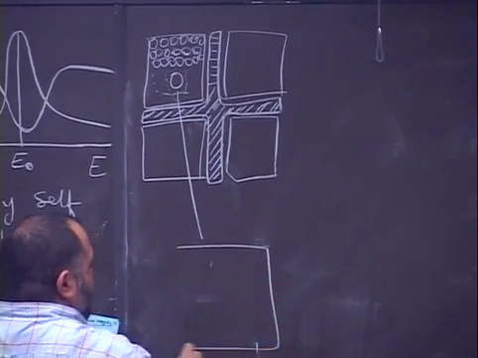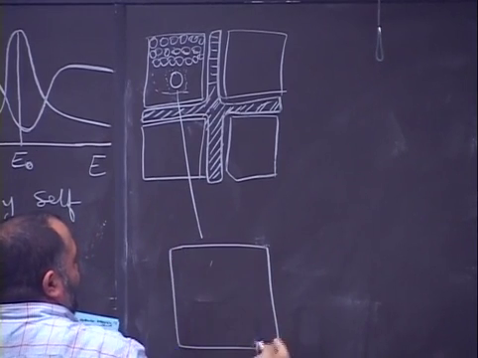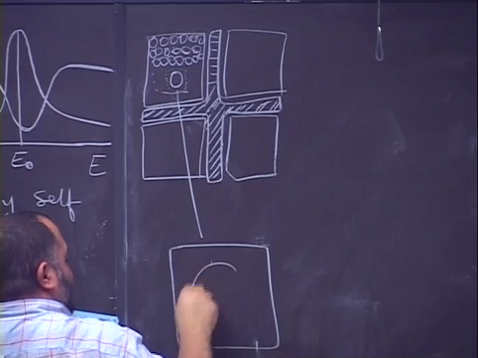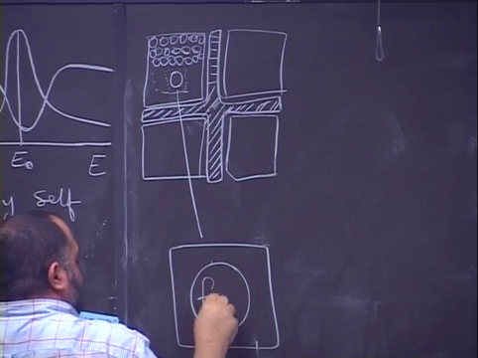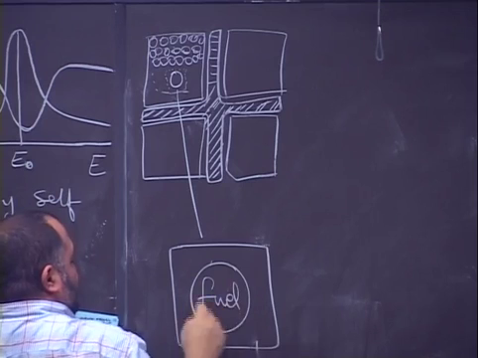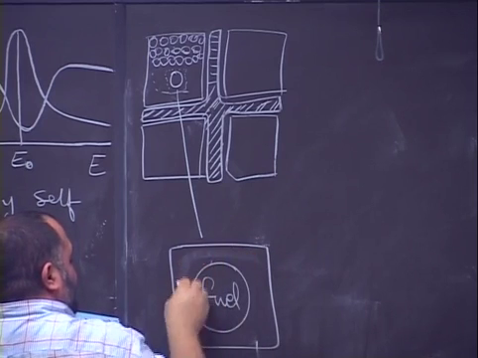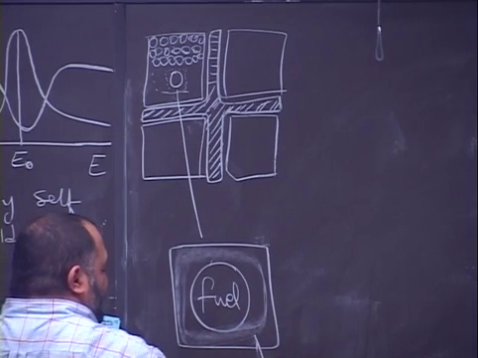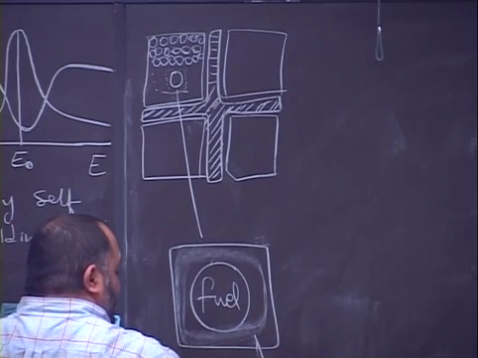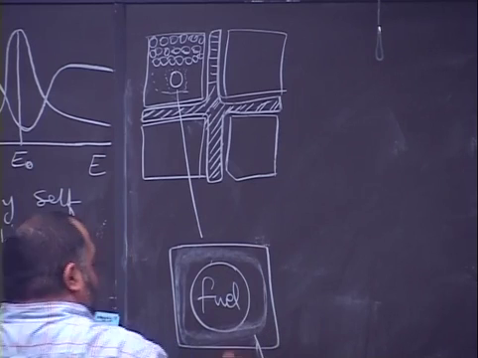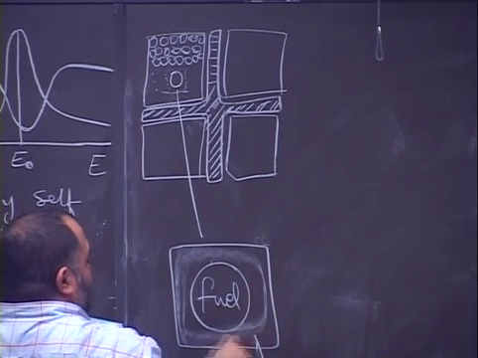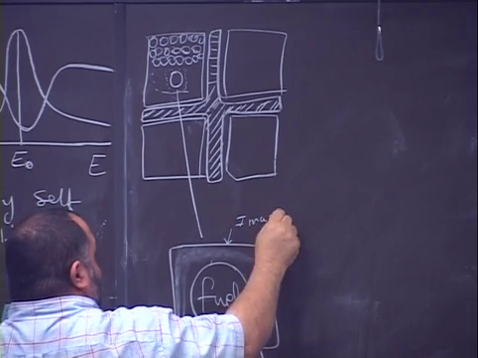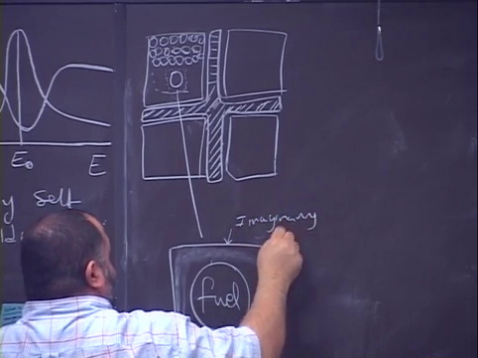So we'll have an imaginary border. This is not an actual border, just an imaginary border. And you have your fuel elements here inside, and you have water here outside. So this is the moderator, or water, and this is your fuel, and this is just an imaginary surface.